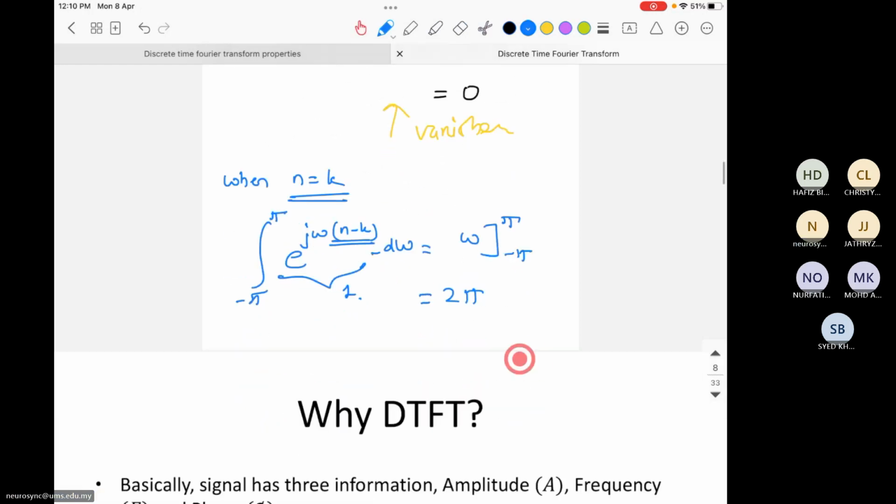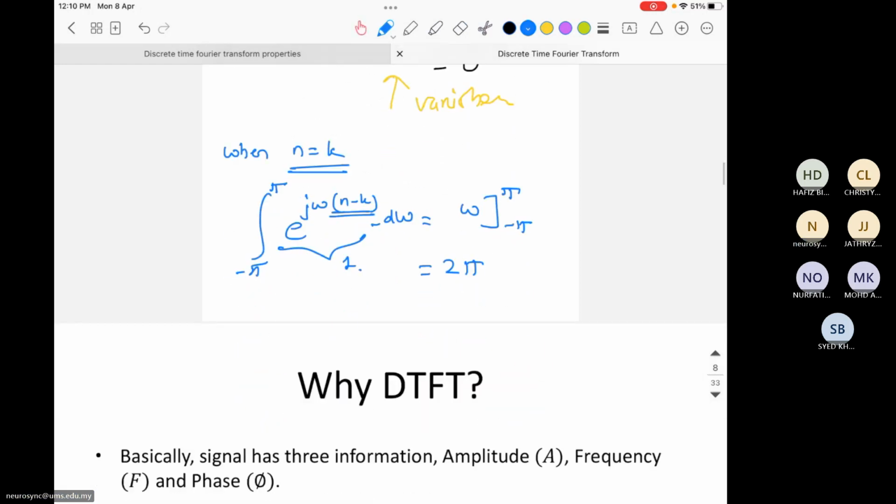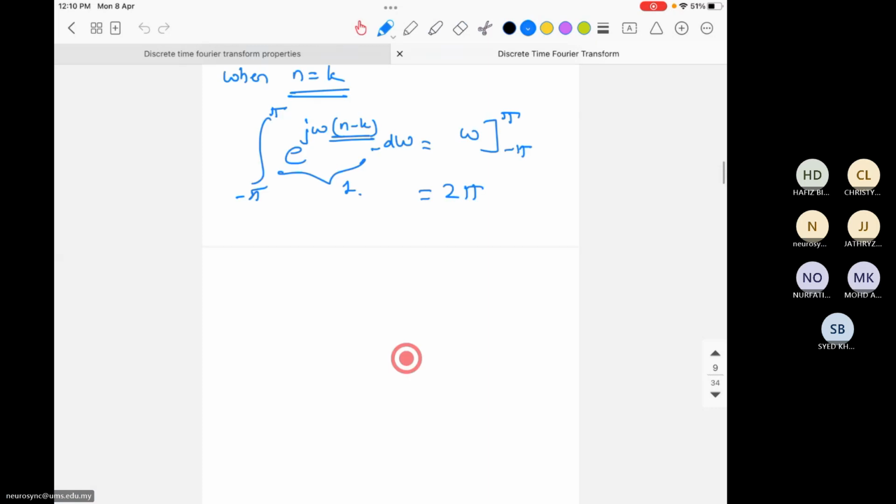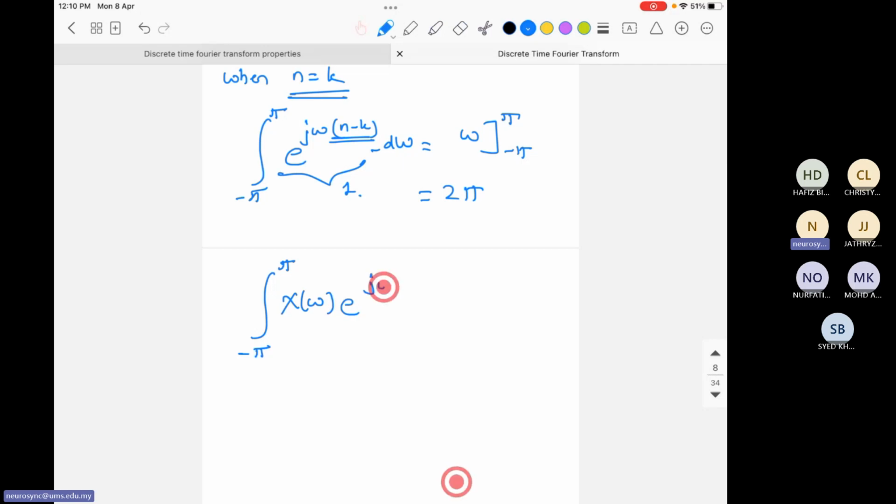Therefore, we can say that the integration from minus pi to pi of X of omega e to the power j omega n d omega is nothing but 2 pi times x of n.